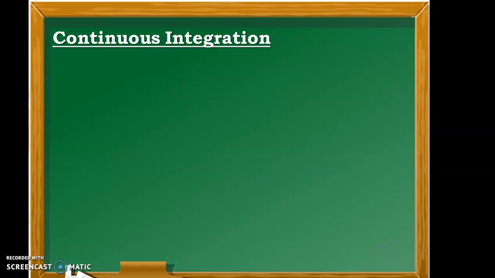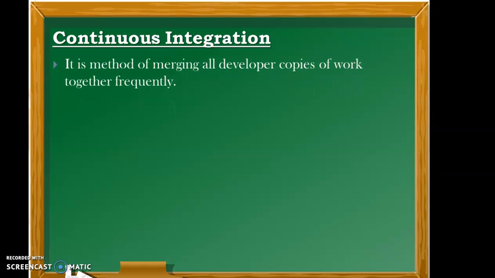So continuous integration is a method of merging all developer copies of work together. When we merge the developers' work, that process is called continuous integration. It is part of extreme programming, and the main aim is to prevent integration problems.